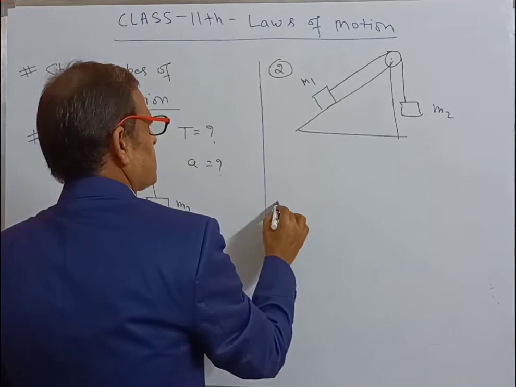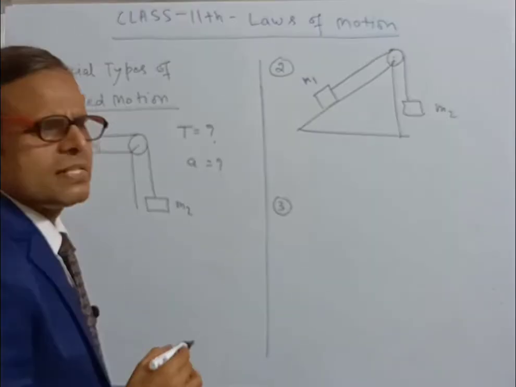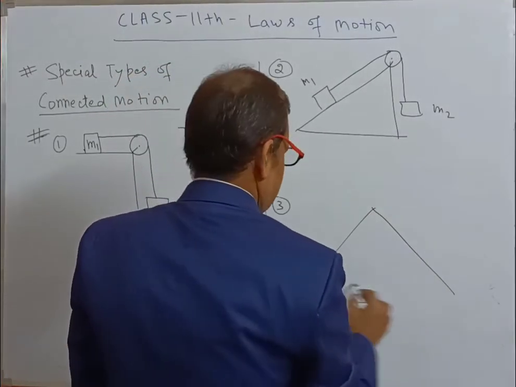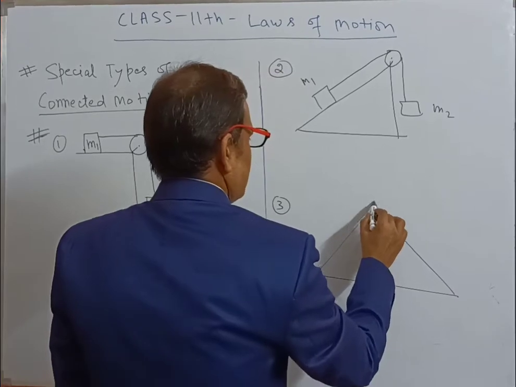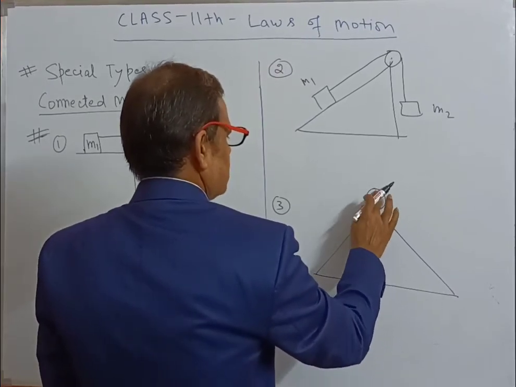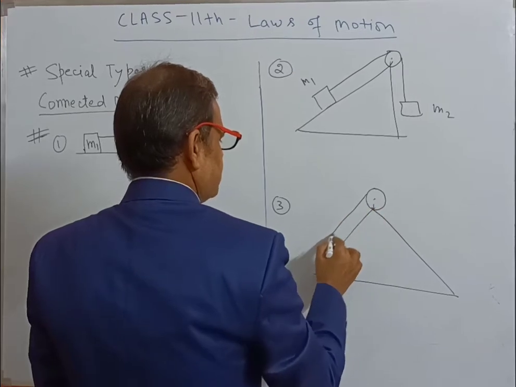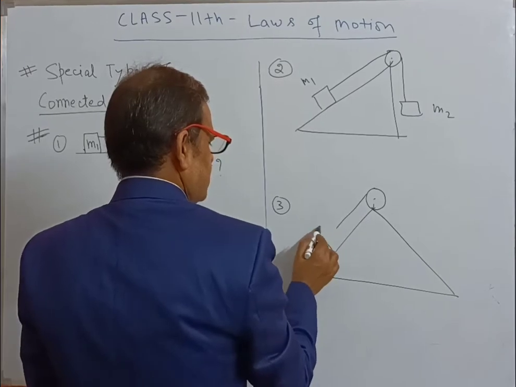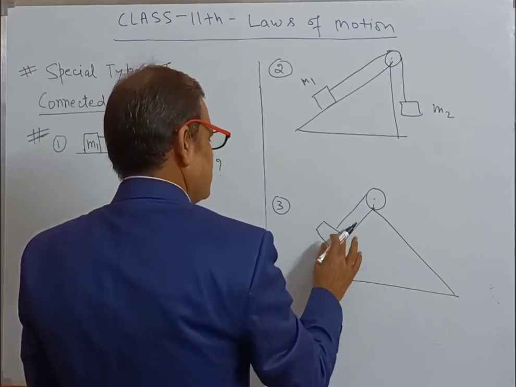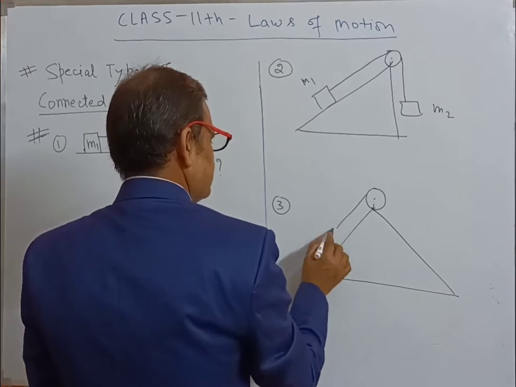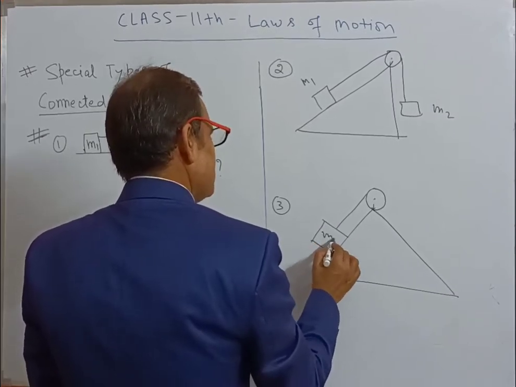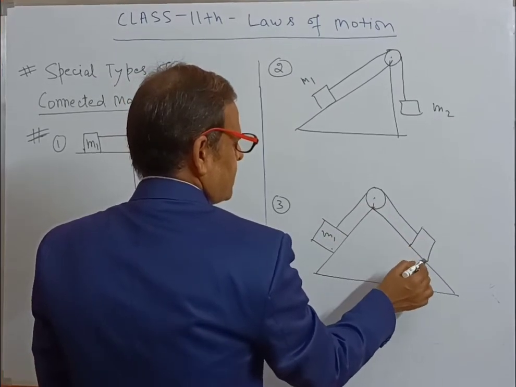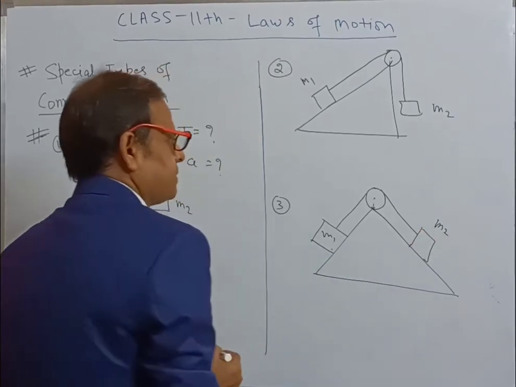Now another case we can also consider. The pulley is over here, with a string passing over it, and two masses M1 and M2 just lying on the surface, and the surface is taken as a smooth surface.